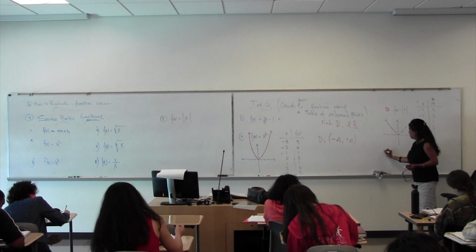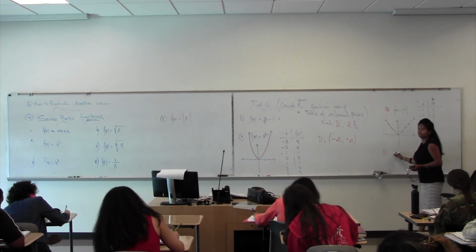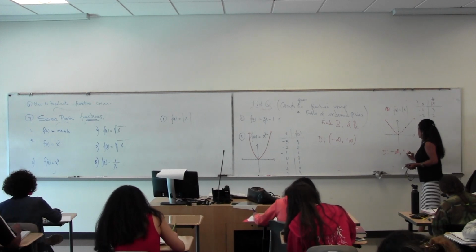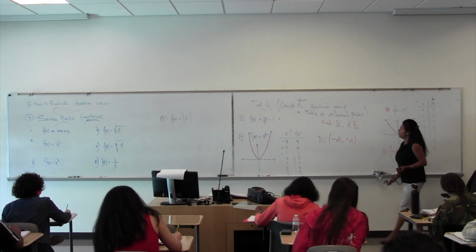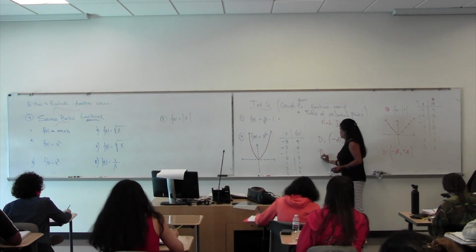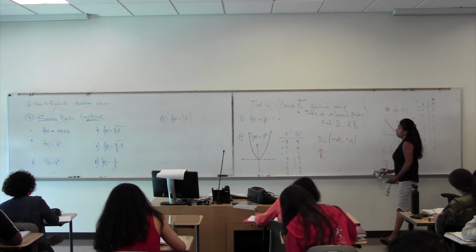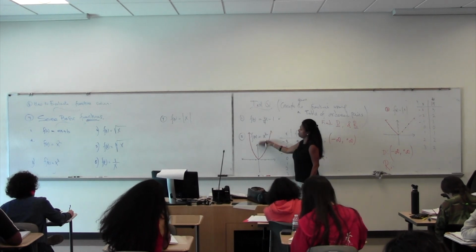So what is the domain here? Same thing: negative infinity to positive infinity. Here also we can pick any possible x value. So we are done with the domain for these two. What else do we need to do? Range. Let's find the range for both of these. Can we get any negative number for this range?